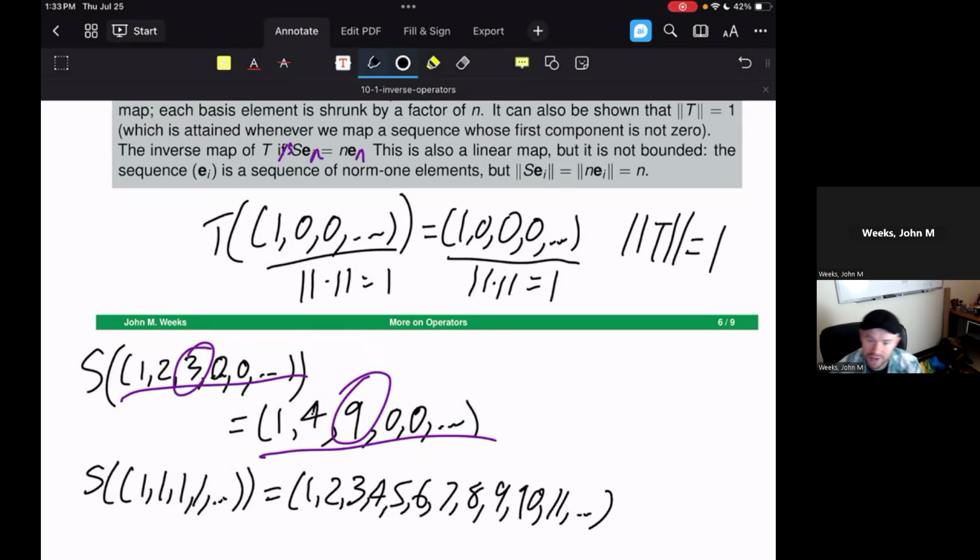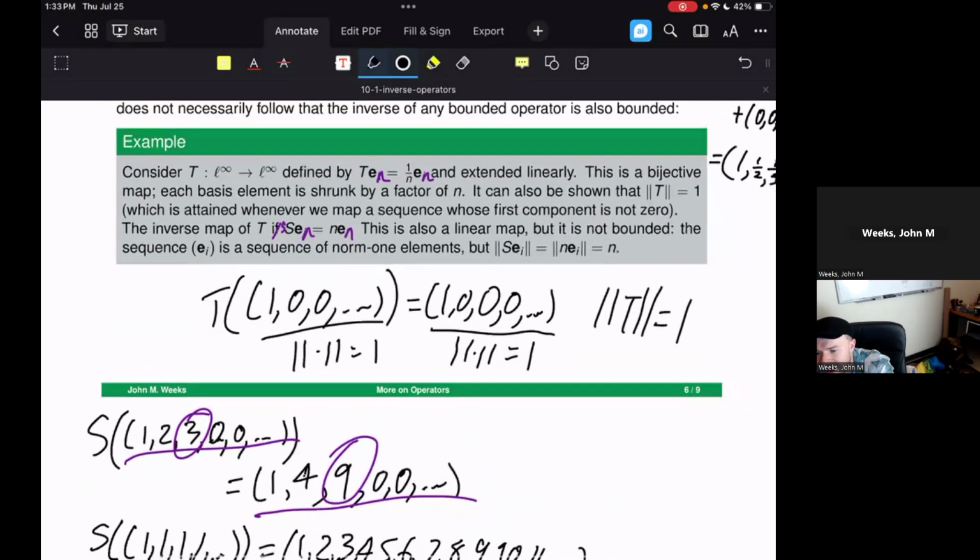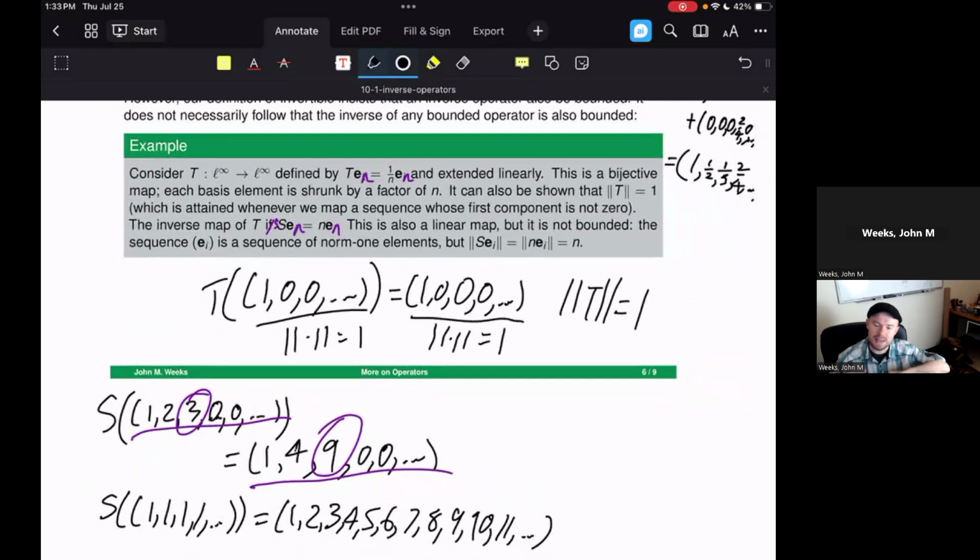S does not work very neatly here in this space. In fact, S does not even keep vectors that were bounded in little L infinity inside of that space. Multiplying times n, this is an unbounded sequence now. This is the sequence of the natural numbers, and it's going off toward infinity. This is why we want to avoid these types of contexts in the types of operators we look at.